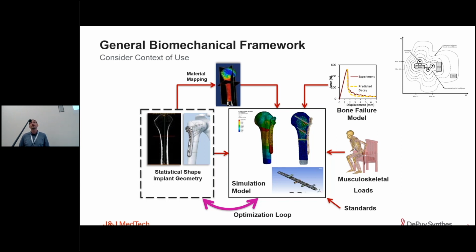We can do some material mapping if we have CT data to develop a biomechanical bone model. We use a lot of musculoskeletal modeling, such as AnyBody technology, to map physiological loads to the bone as well. And then there's other things you can do, such as look at bone failure modeling. And then you can't forget about the standards, because those are often part of regulatory submissions.